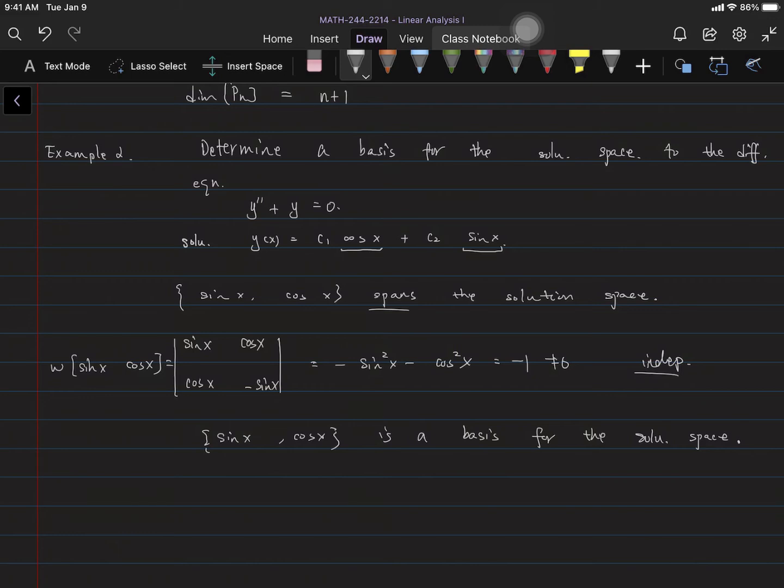So all solutions have the property of sine and cosine. This solution set, call it S, has dimension 2.